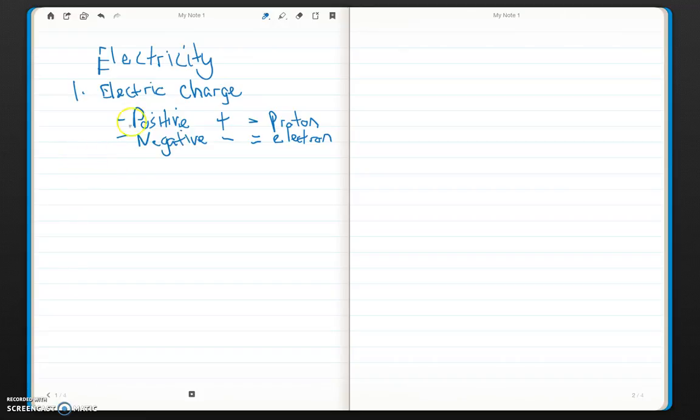Also, if an atom is electrically neutral, it means no charge.